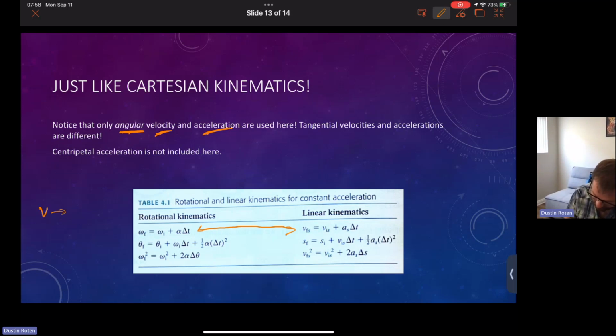So velocity becomes omega, the linear acceleration becomes alpha, and your position, which uses S, becomes theta. Everything else works exactly the same way as linear kinematics. You're just constrained to a circle instead.